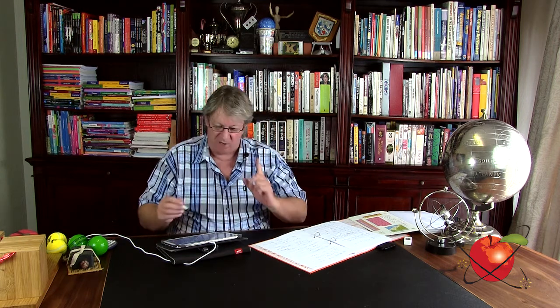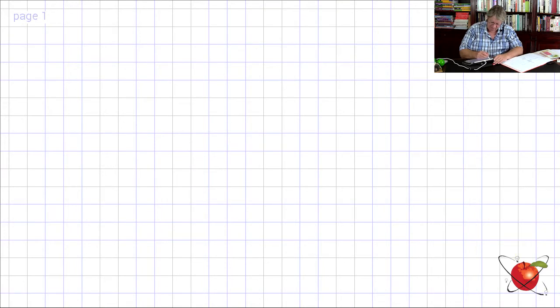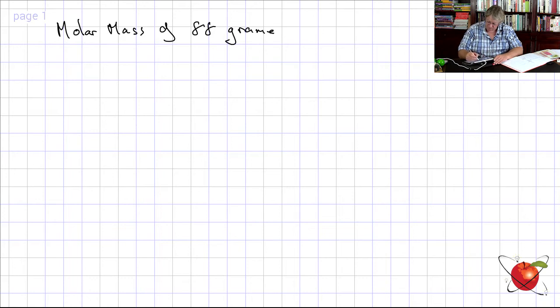Let us say they ask, what happens if this? Say that we determine that a compound has a molar mass of 88 grams. Oops, not grams, 88 grams per mole.